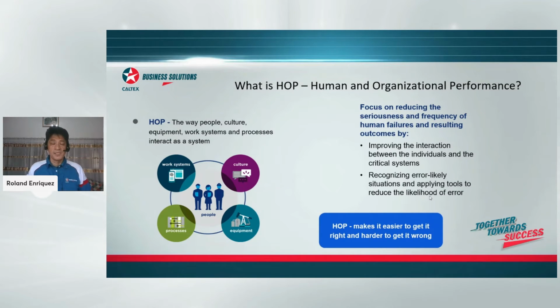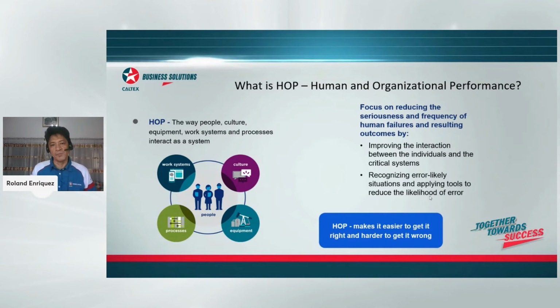But basically, HOP is a shift in philosophical thinking, anticipating that people will make mistakes. Since we anticipate that people will make mistakes, we consider that in preparing our safeguards. So that is HOP.